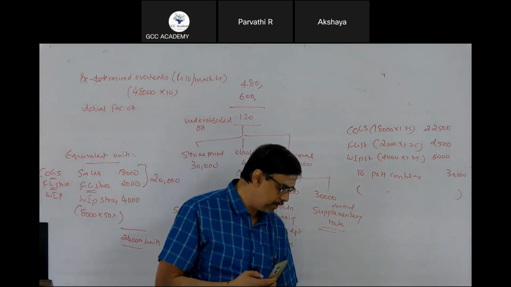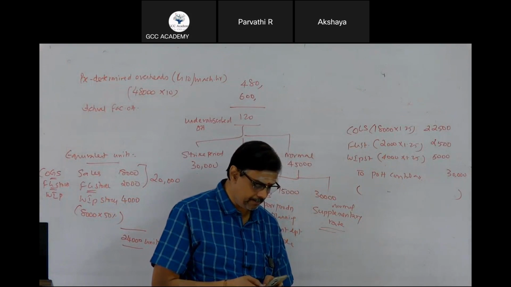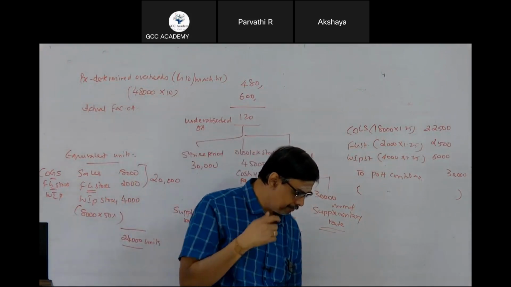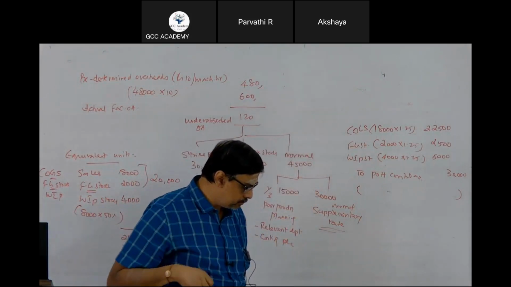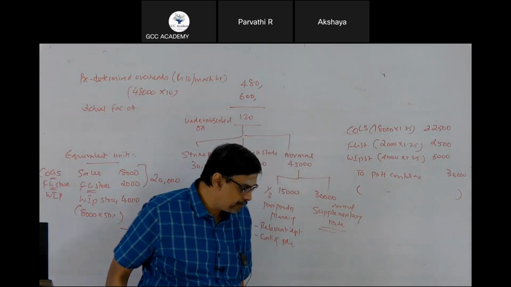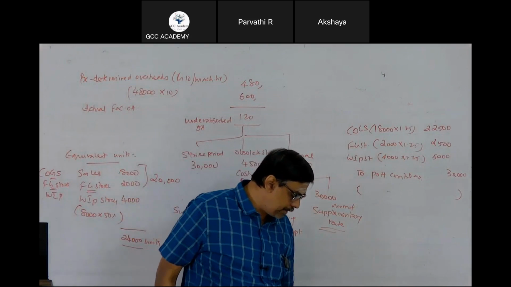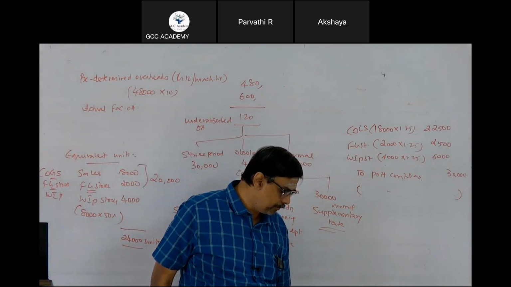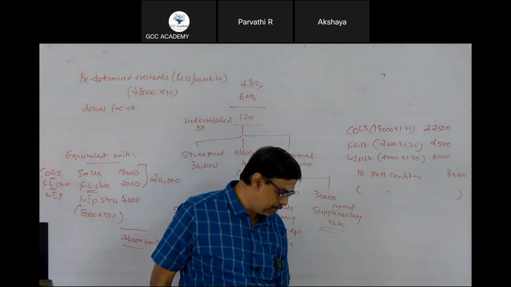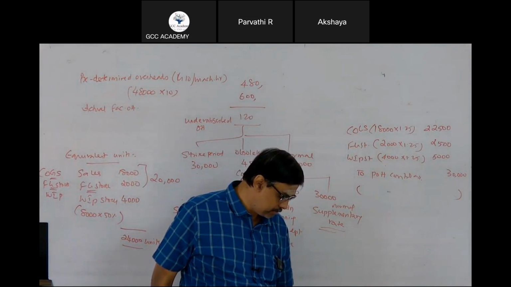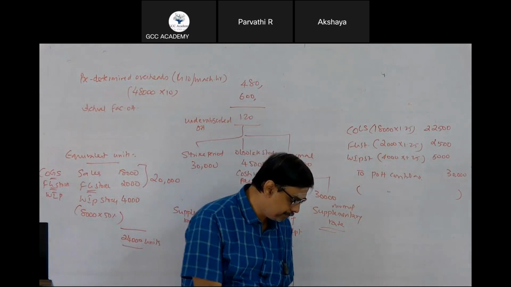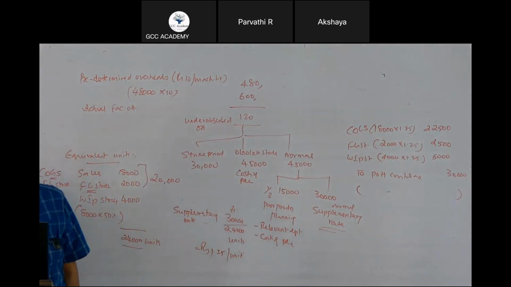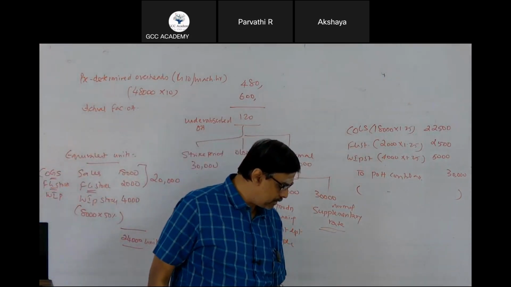The total factory overheads incurred and the man days actually worked were rupees 41,50,000 and 1,50,000 respectively.